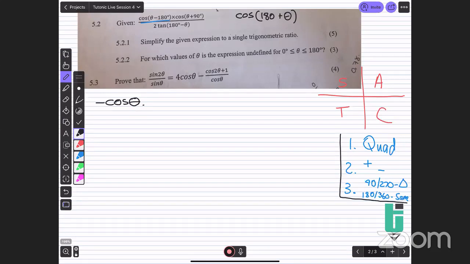So it's going to be positive sine theta, because there's a negative in front already. Okay. Ways, do you want to do tan of 180 minus theta for us?